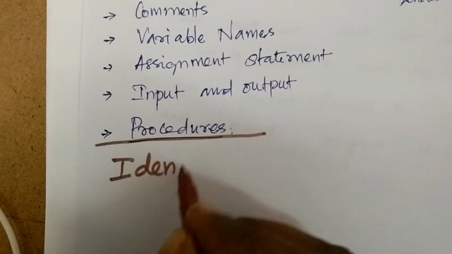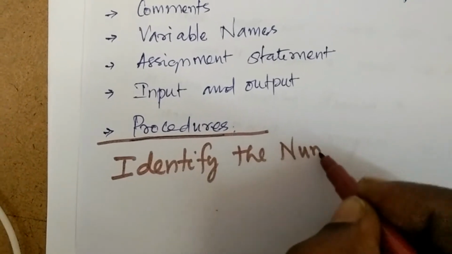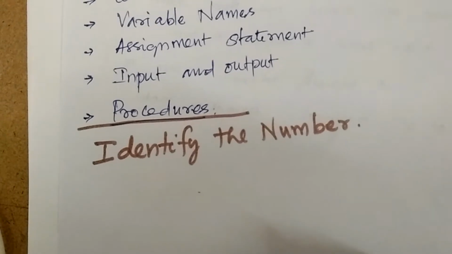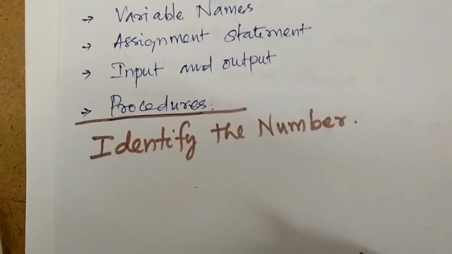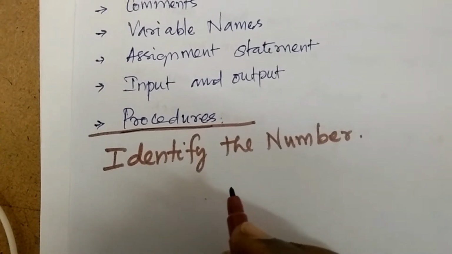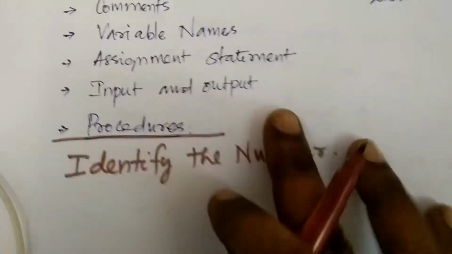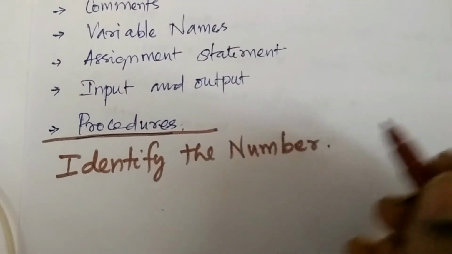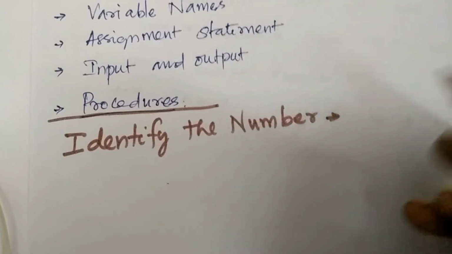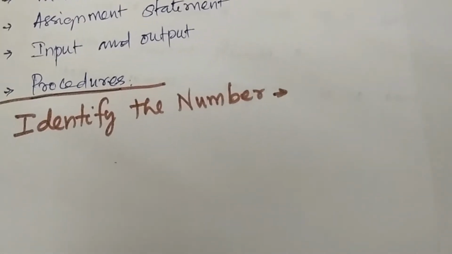Identify the number. Next, how to define this. Here is an example algorithm: define the problem P.